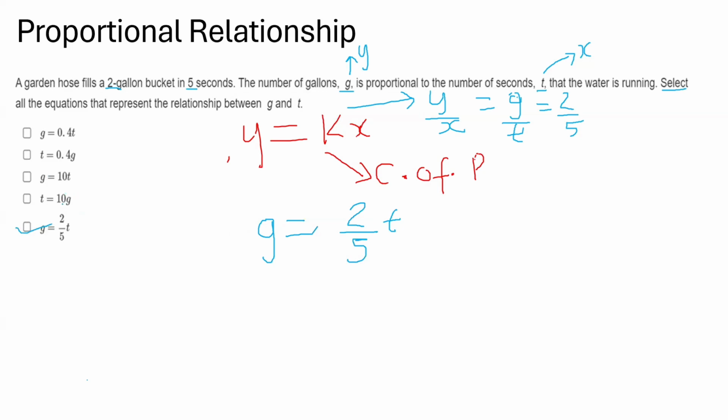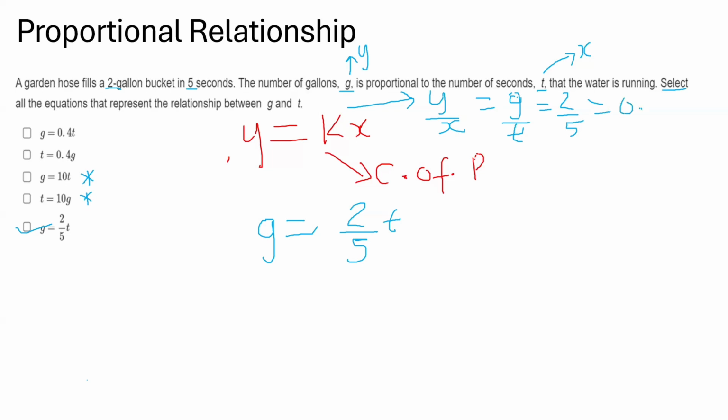Looking at this one here, we could not select it because remember our constant is 2/5. Also, we could not select this one either because our constant again is 2/5. If you look at this one, if we divide 2 by 5, we get 0.4 as a decimal.